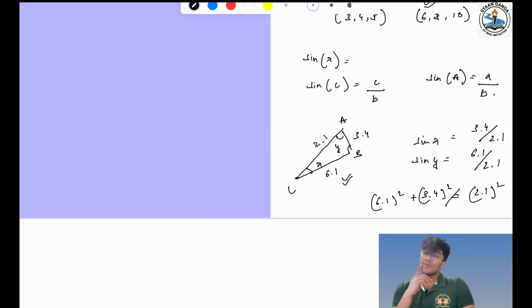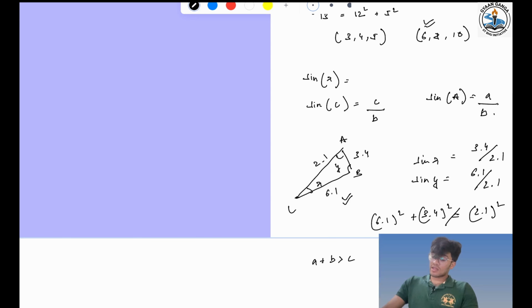Is it a triangle to begin with? There's a property in triangles that the sum of two sides is always greater than the third side, which we will discuss later. But in this case, you can observe clearly that the sum of two sides, that is 2.1 plus 3.4, is actually less than 6.1, and hence this is not a triangle to begin with. This triangle does not exist.